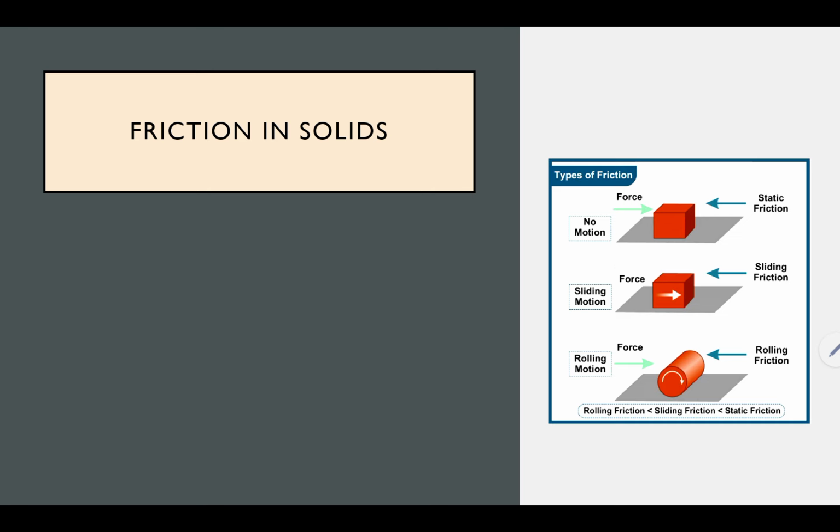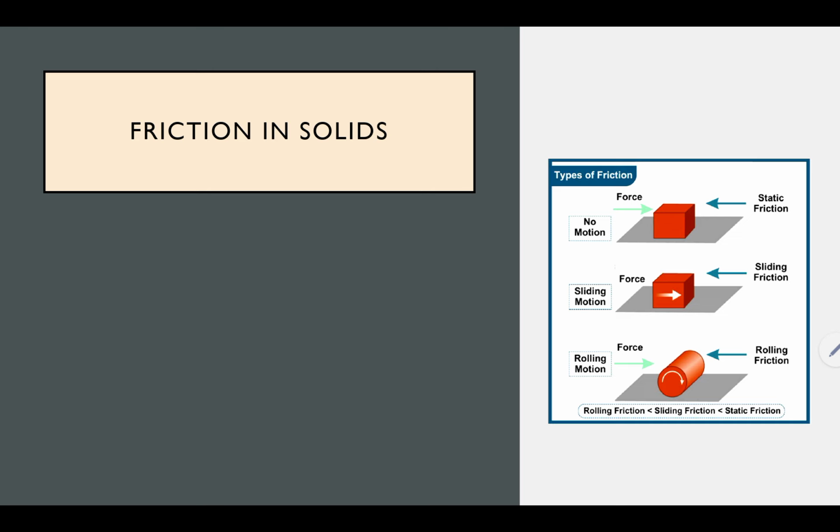Next topic, friction in solids. We have 3 kinds of friction in solids. We have static friction. Static friction means that I am applying a force, but the object is not moving. This is known as static friction. The second kind of force is sliding friction. This happens when I have an object that has its surface area across the surface area of the ground or the floor or the table. So this is a sliding friction or sliding motion.